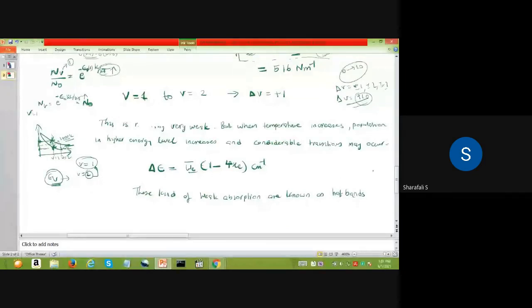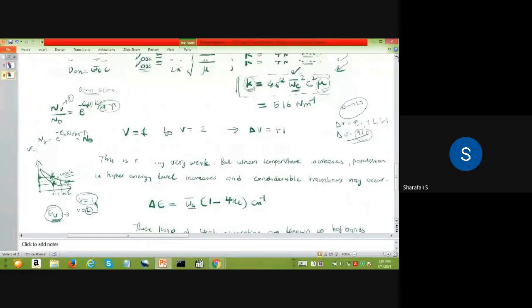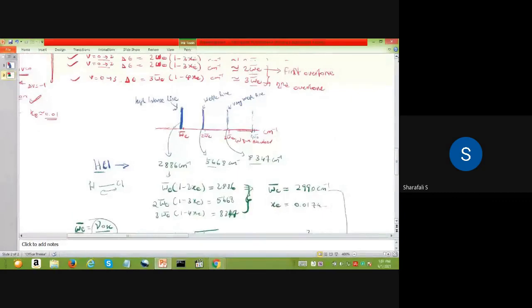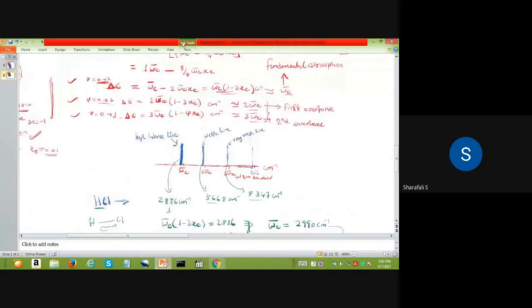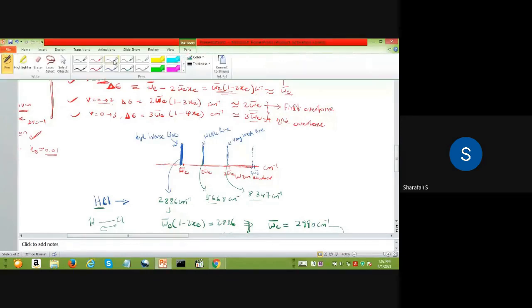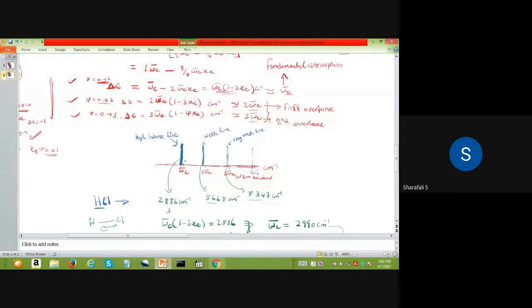So what will be the position of this band in the last diagram? For example, if we consider this kind of diagram, this is omega E bar. We are considering the first one, omega E bar into 1 minus 2x, right?